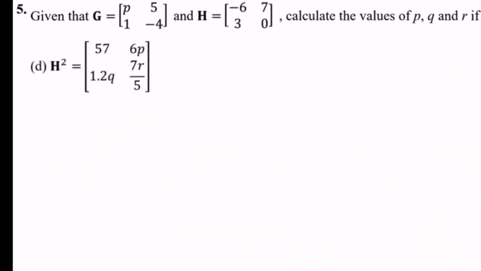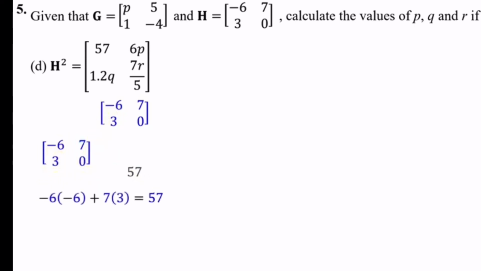So for H squared, we will copy down the matrix H times with the matrix H, and then we will solve it carefully. So let's copy down the matrix H, which is negative 6, 7, 3, 0 is going to times with negative 6, 7, 3, 0.